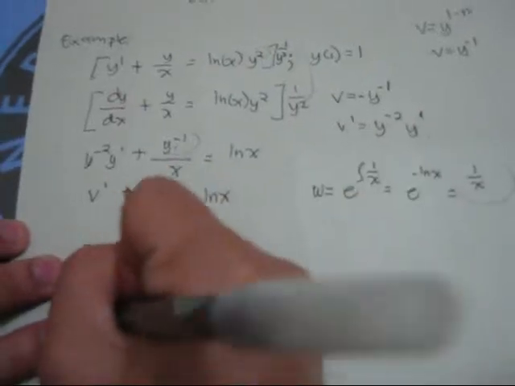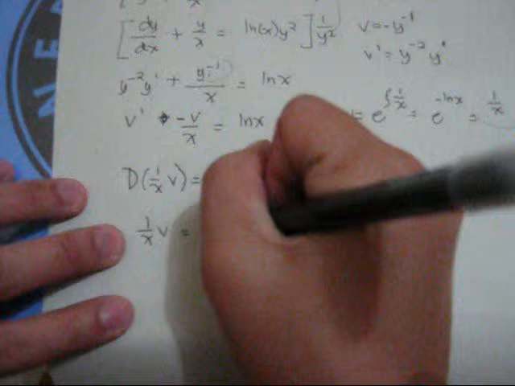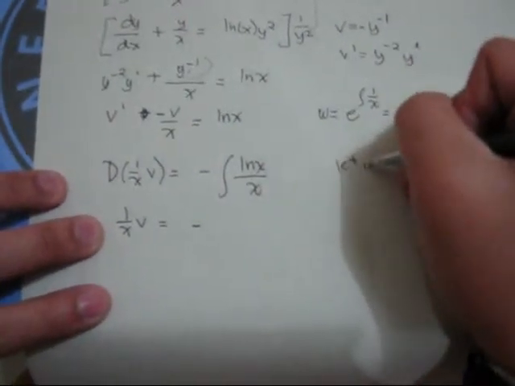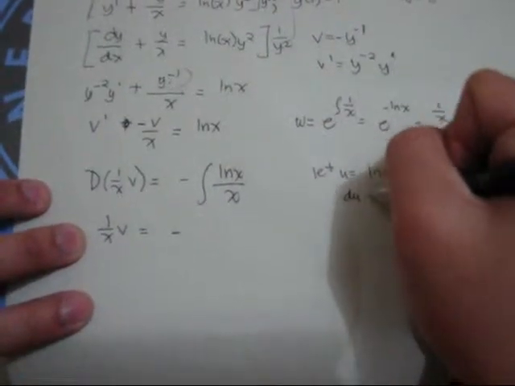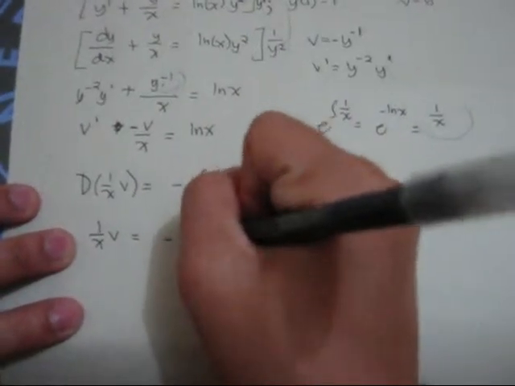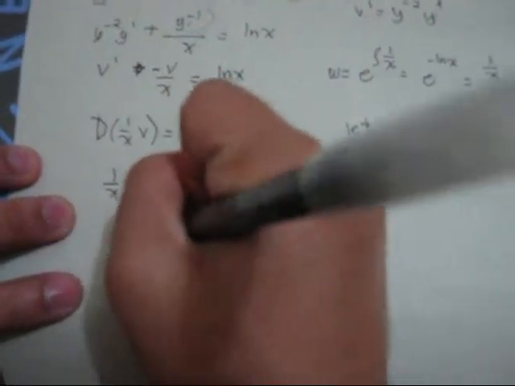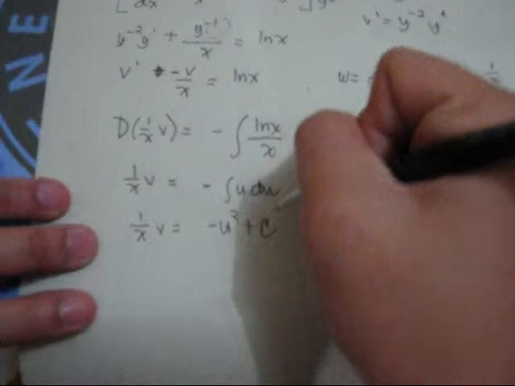So for 1 over x v, we will let u equal ln of x, du is just equal to 1 over x dx. So the integral of u du gives 1 over x v equals negative u squared plus c.